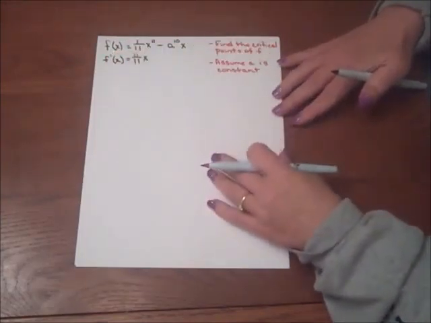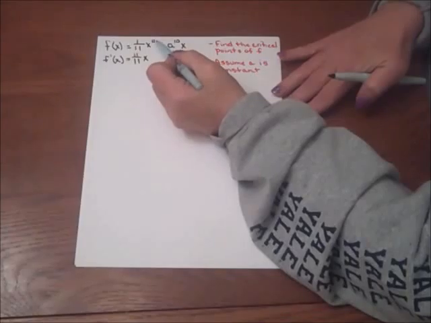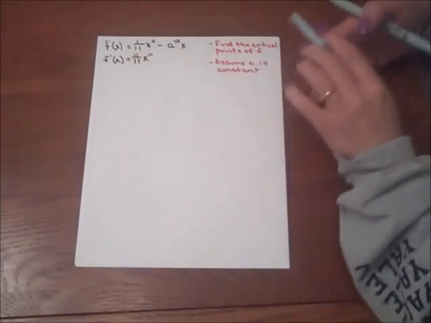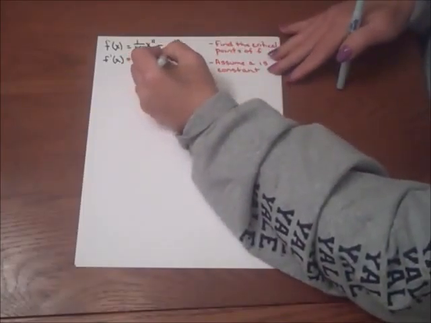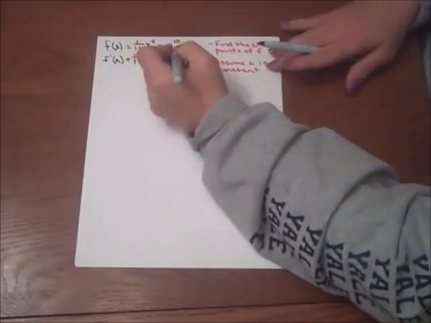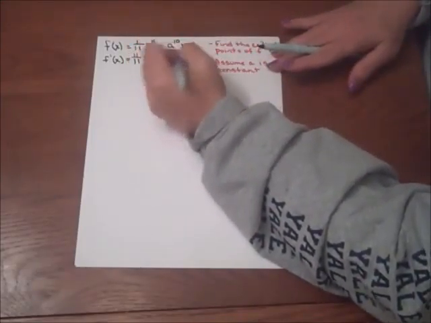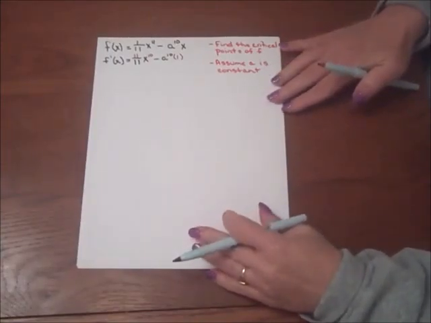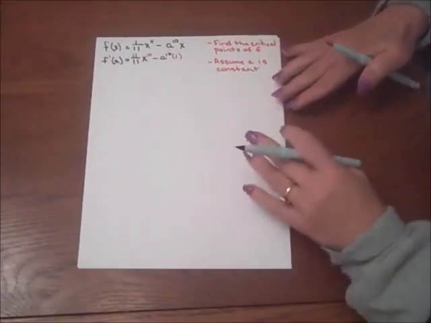So now we have 11 over 11 x, and then this same 11 minus 1 is going to be to the 10th, minus a to the 10th stays the same, and then this x over here now becomes 1. So now we have f prime of x equals 11 over 11 x to the 10th minus a to the 10th times 1.